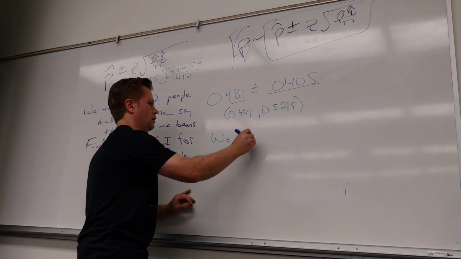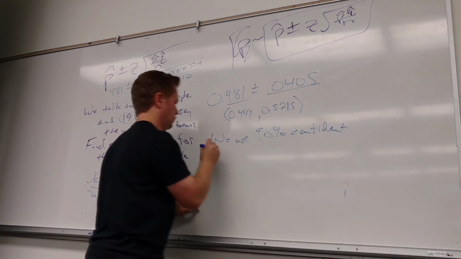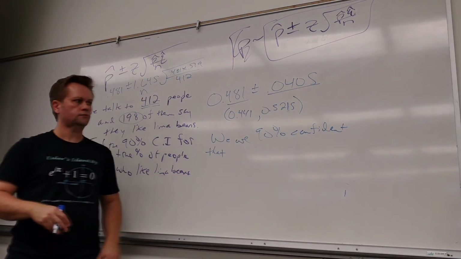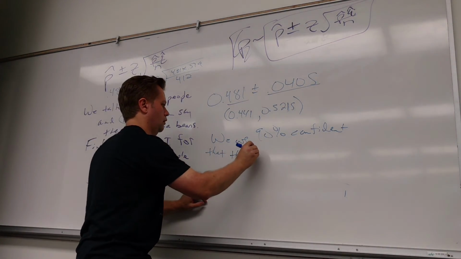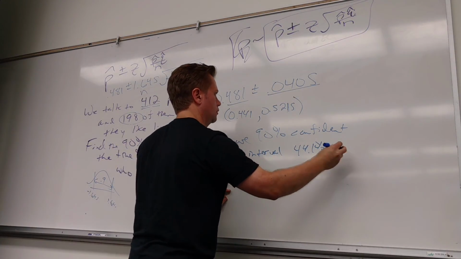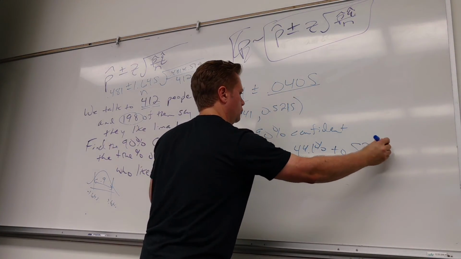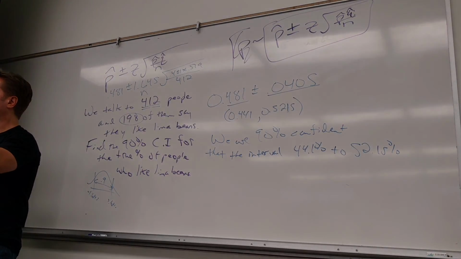We are 90% confident that what? The interval 44.1% to 52.15%. Yeah, there you just make it a percentage so it's more human, right?